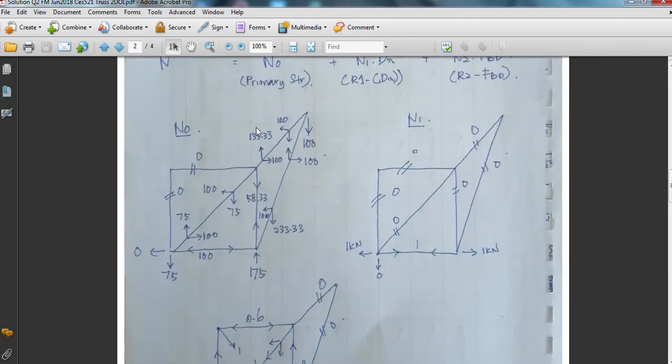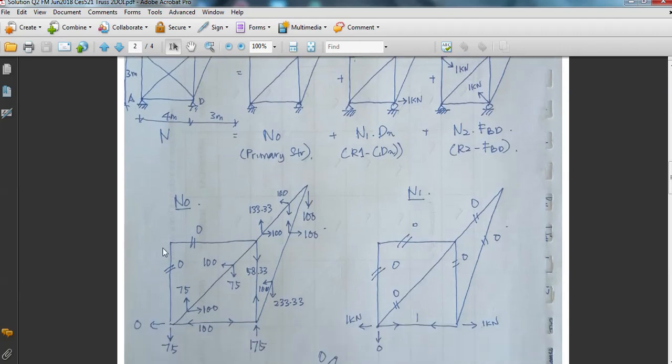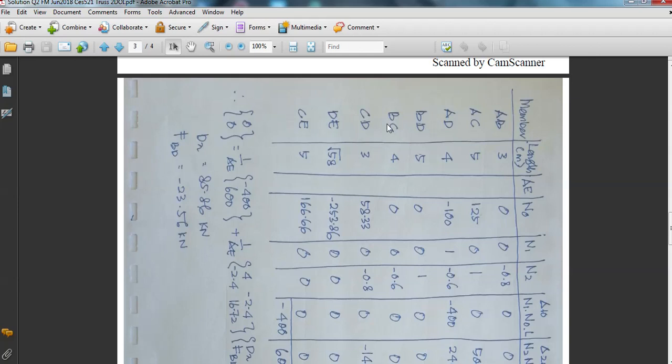Similar for members BC and BA, they have a 0 value here. Similar for N1, similar for N2. So you tabulate all the axial force values here. Okay.